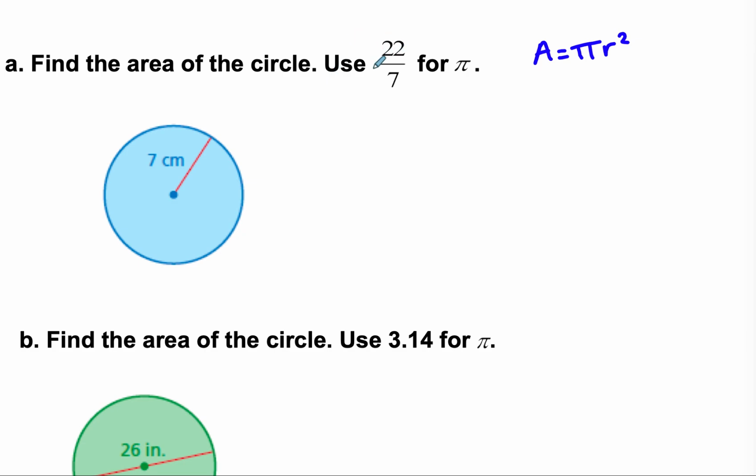Okay, so we've got 22/7. So area equals my pi, they tell me to use 22/7, times my radius squared. So I'm going to do times 7 times 7. All right, let's see. I'm going to make this 7 over 1, since we've got fractions here, and I'm going to cross cancel these. 7 divided by 7 is 1. 7 divided by 7 is 1.